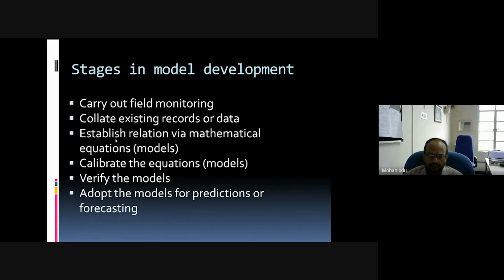And the model tries to establish the relation via mathematical equations, and then the model needs to be calibrated if at all there are any mishaps or shortfalls. The model has to get calibrated, and then again the models are verified with the real world conditions.